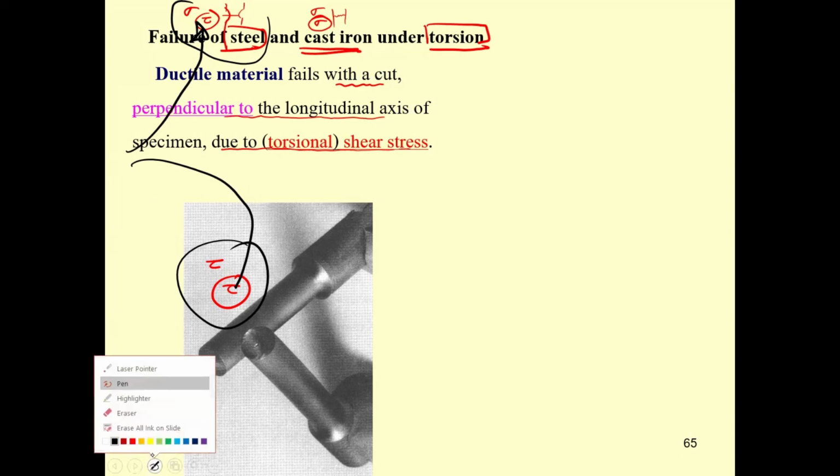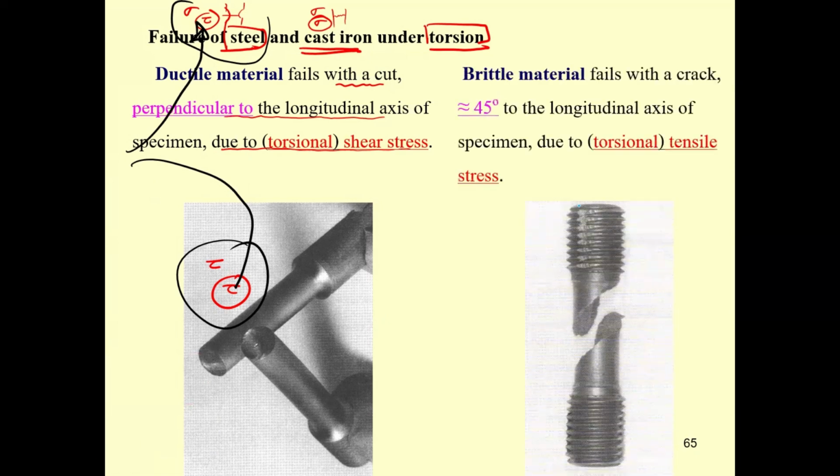Now come to the brittle cast iron. The cast iron is now subjected to the tau, but failure occurs due to the tensile stress. Based upon this discussion, you can see cast iron always fails by normal stress.